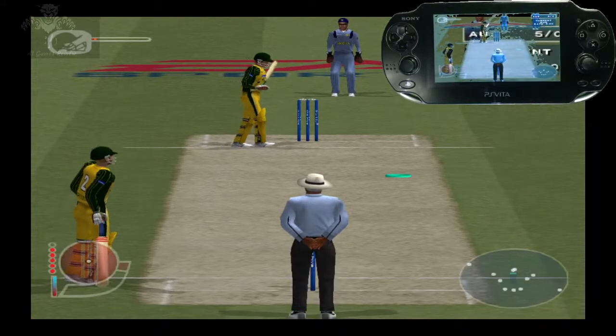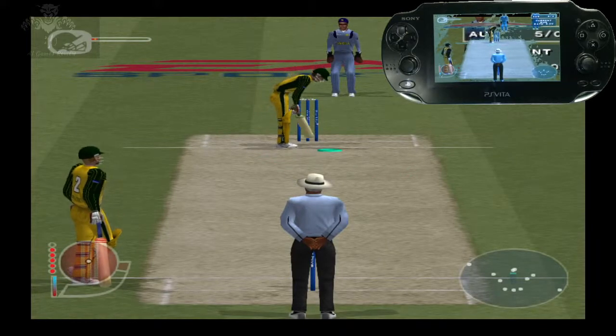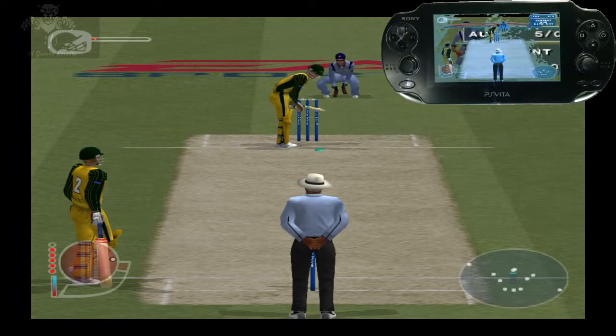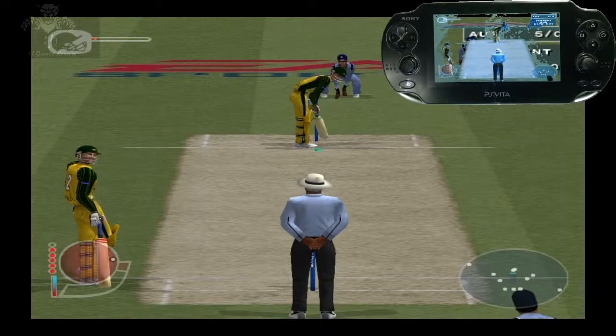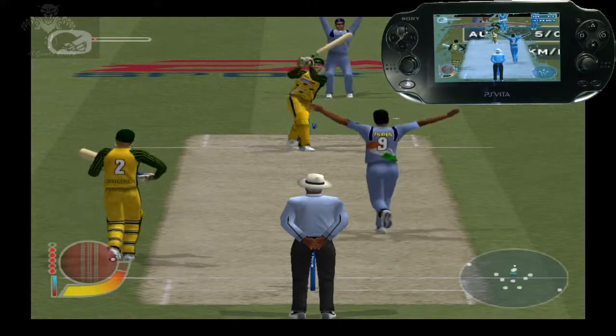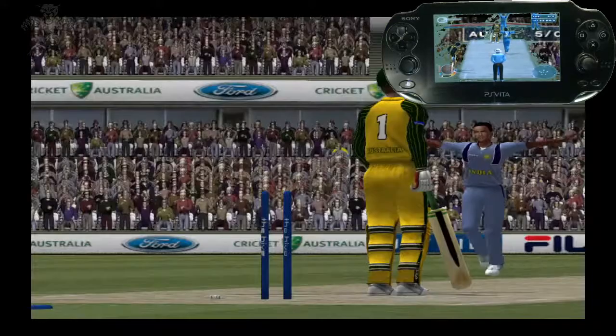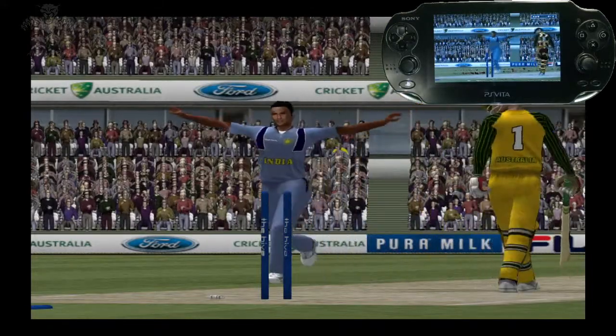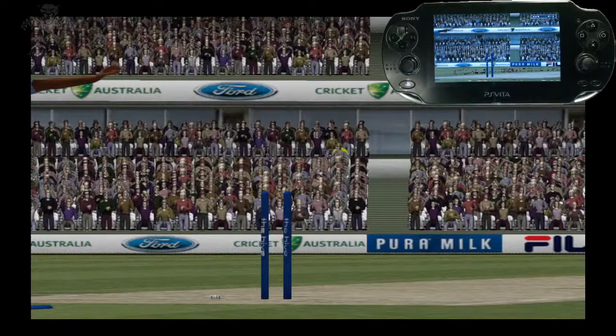Khan to bowl to Gilchrist. Has got him. That's the early wicket they were looking for. Now they need to keep the pressure on. Khan gets his first wicket.